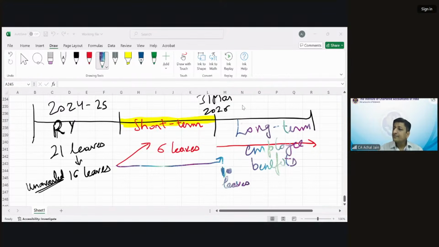Tell me quickly, how do you record this? Ashlesha says 16 will be recorded as a liability. Very good. But how do you record it?